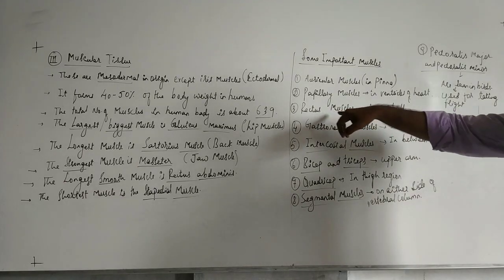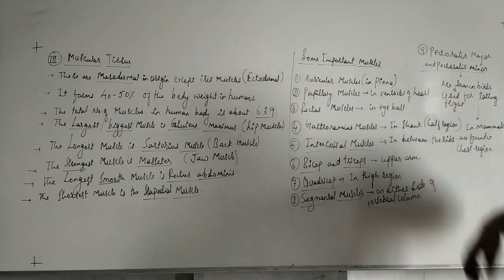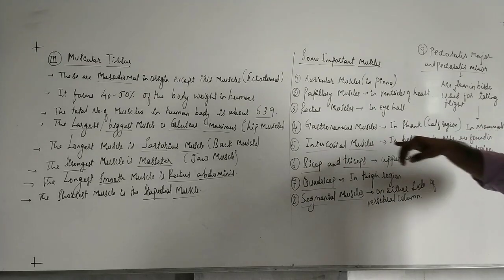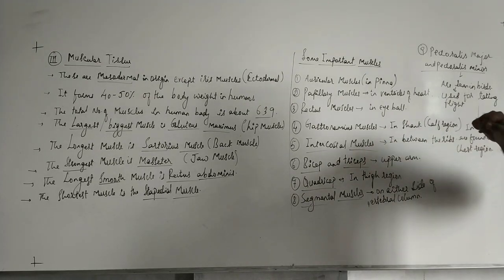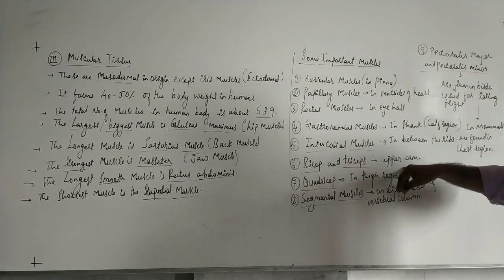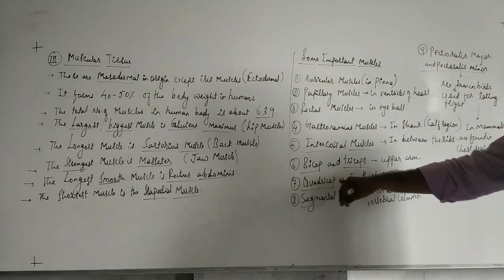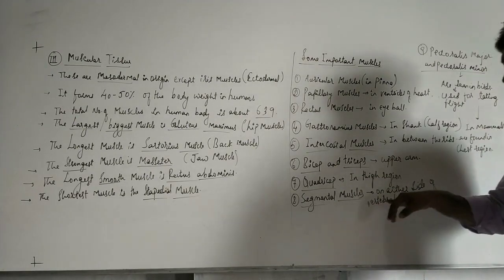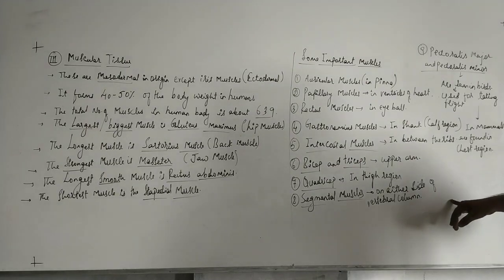It is the rectus muscle which is found in the eyeball. Then gastrocnemius muscles, found in the shank, that is the calf region. Then intercostal muscles, found in between the ribs. Biceps and triceps are found in the upper arm. Then quadriceps, found in the thigh region, and segmental muscles on either side of the vertebral column.